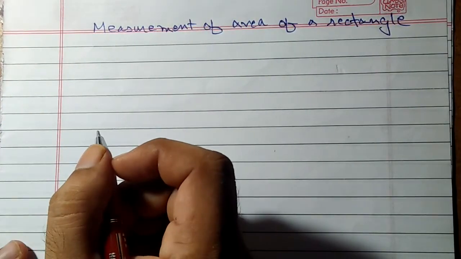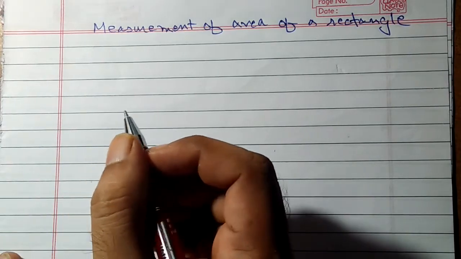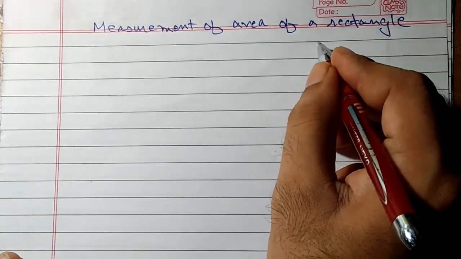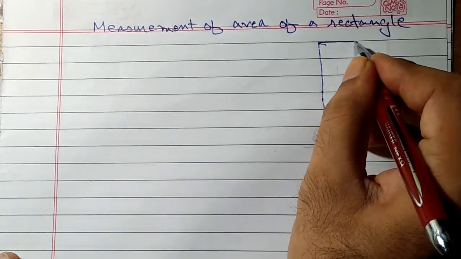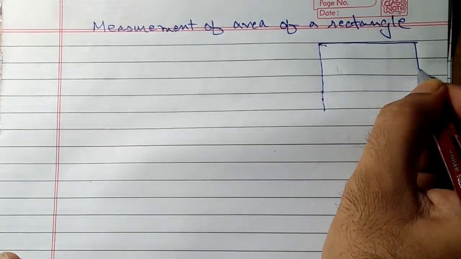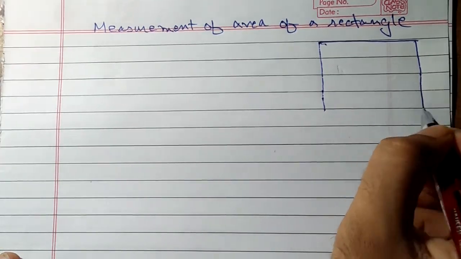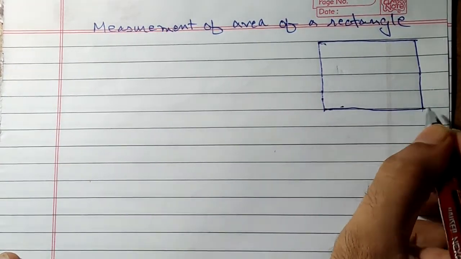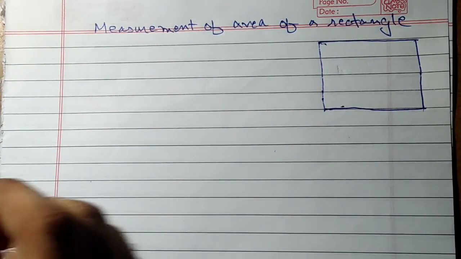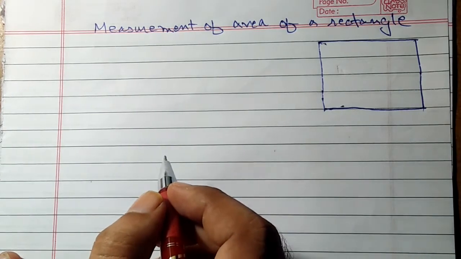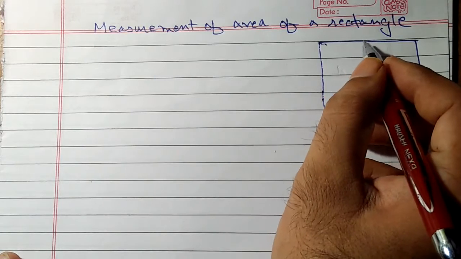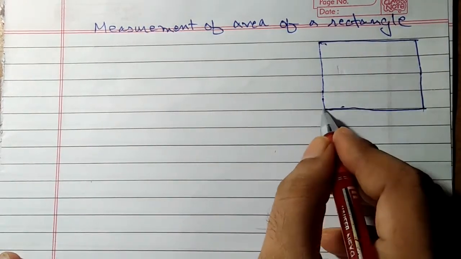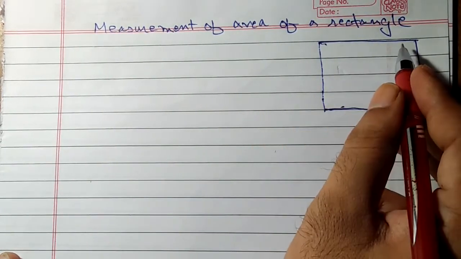Now first thing, what is a rectangle? You have to understand that. If I put it simply, a rectangle is a quadrilateral whose opposite sides, like this side and this side, will be equal and parallel.